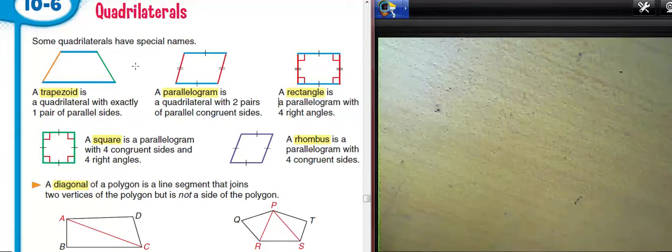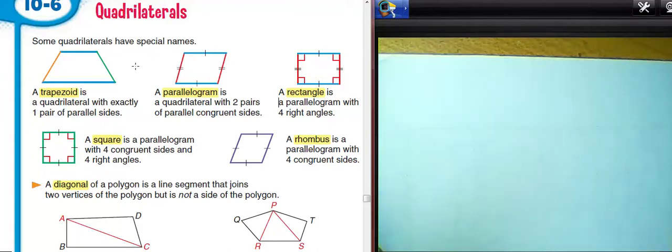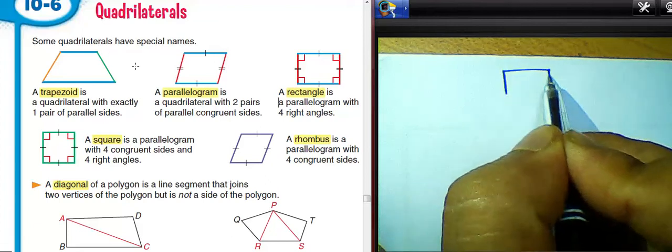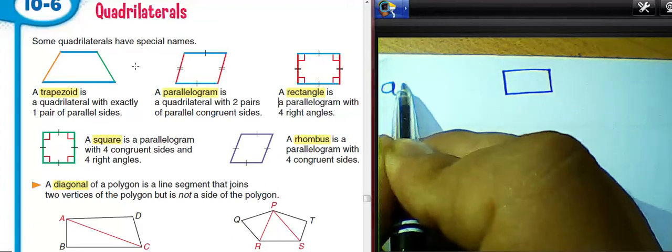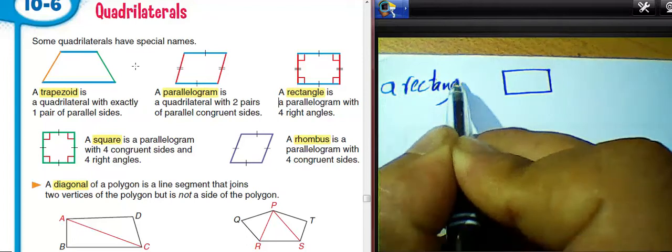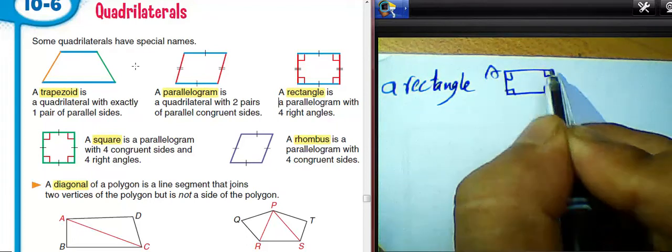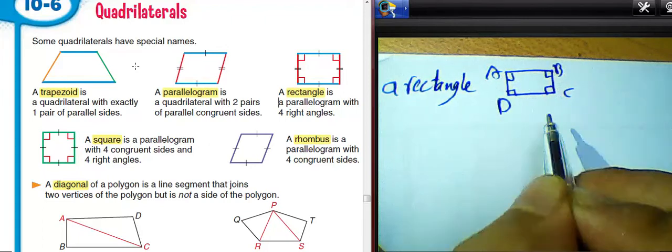And what about rectangle? Look at the rectangle: a parallelogram with four right angles. ABCD is a rectangle.